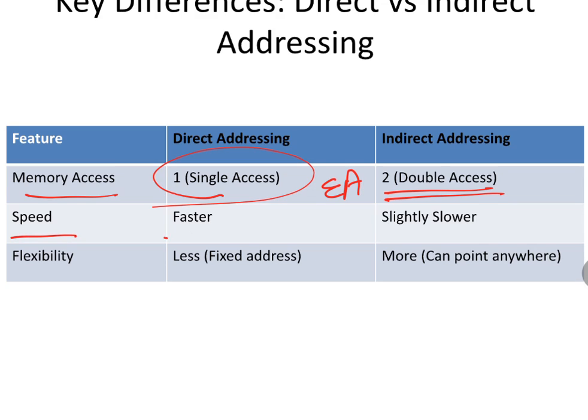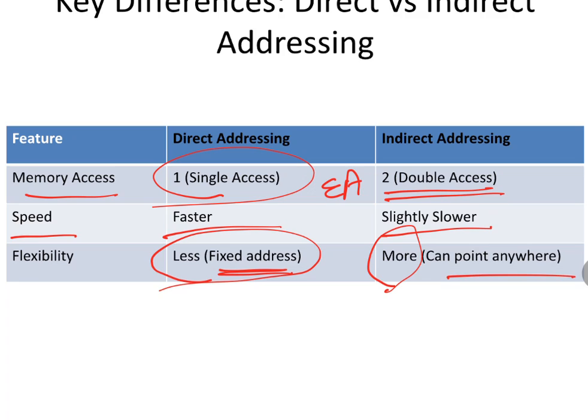Then speed: direct addressing mode is much faster. Indirect, as it's a kind of pointer, is slightly slower, right? Flexibility: direct is less flexible because we need to have a fixed address. Indirect is more flexible because it can point anywhere in memory, right?